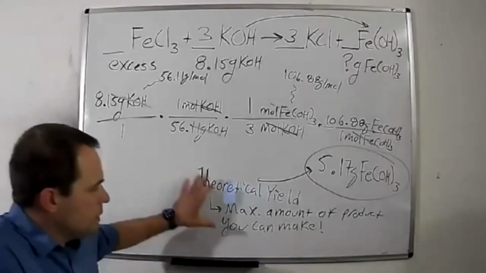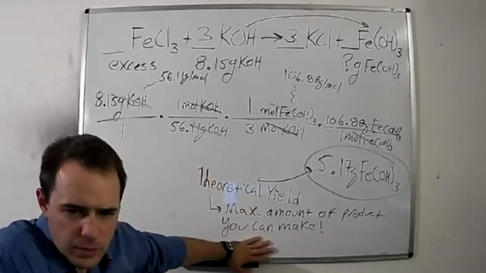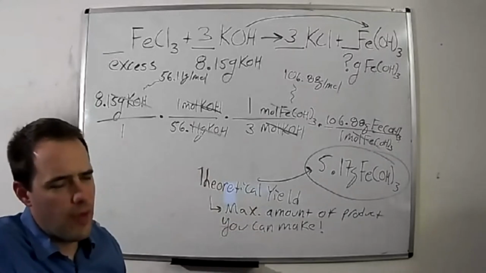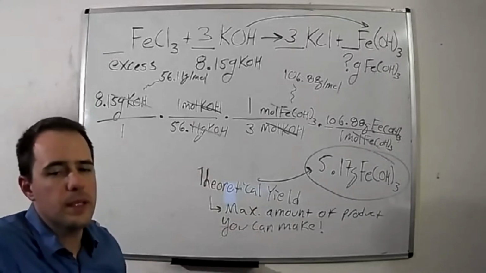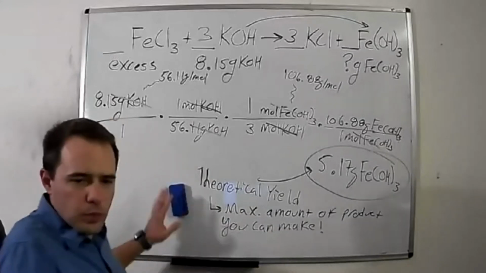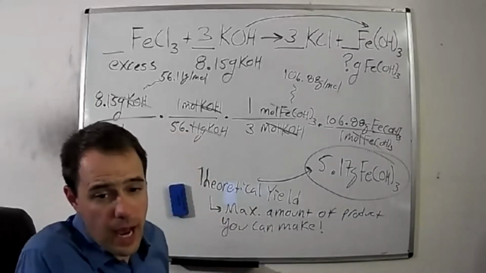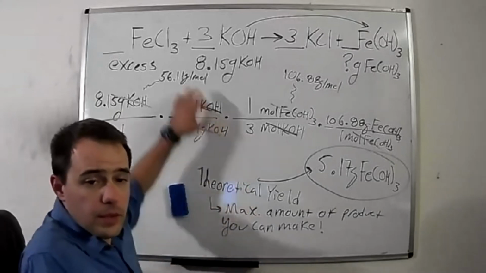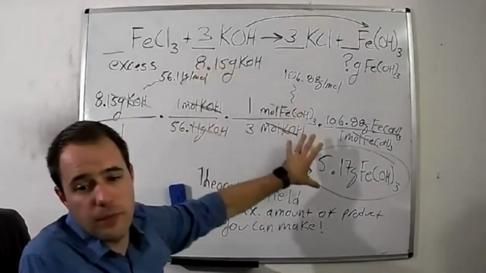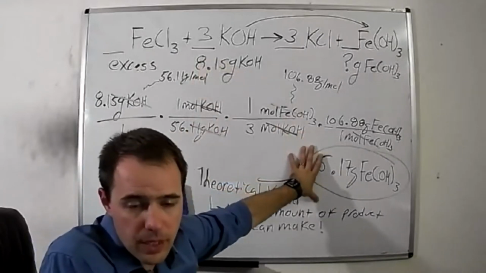So this theoretical yield is the maximum amount of product you can make. In the real world, you almost never get that. You will always get something less than that. What you get when you actually do the reaction is called the actual yield. Let's say you're a chemist, you set this up on paper, and I should be able to get 5.17 grams of iron 3 hydroxide.